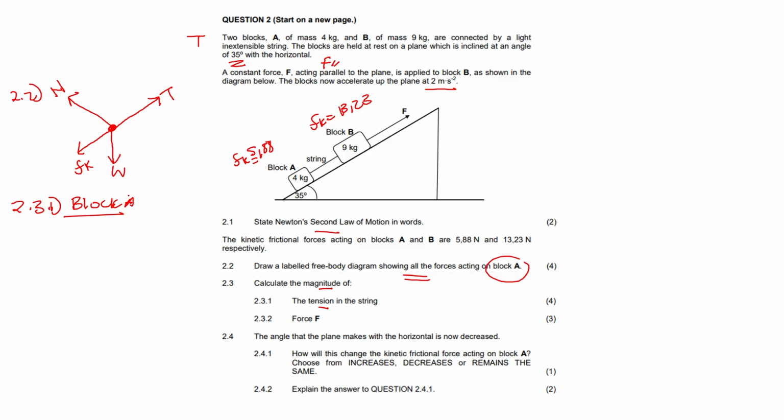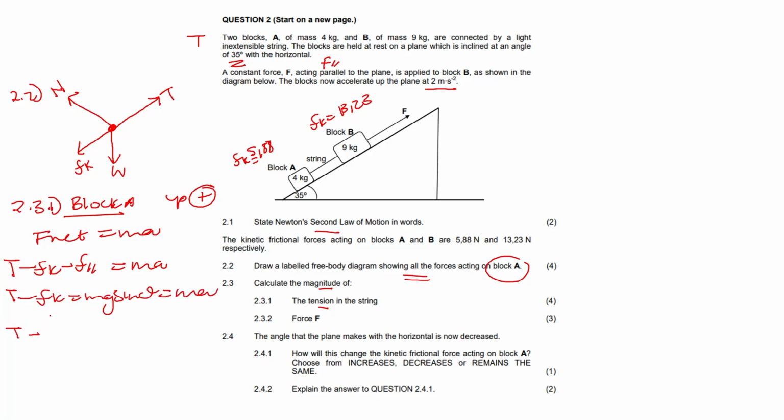All right, I'm taking up the incline as positive. So I'm taking the sum of my horizontal forces. So it's going to be my tension minus my friction, and then there's also the force acting parallel to the plane. So F parallel is going to be mg sin theta. So we have our frictional force, which is 5,88, that was given.